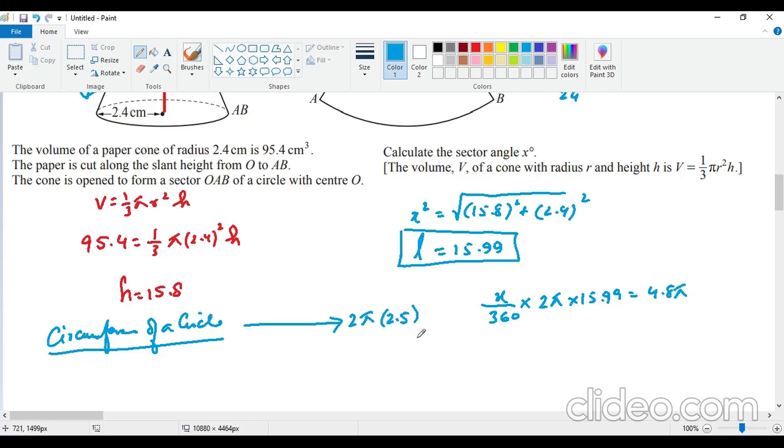Now, once we do all these calculations, you will get the value of x, which is going to be 54.00.